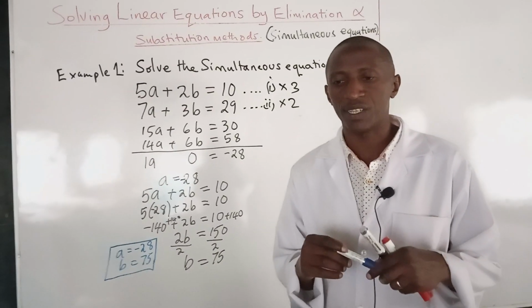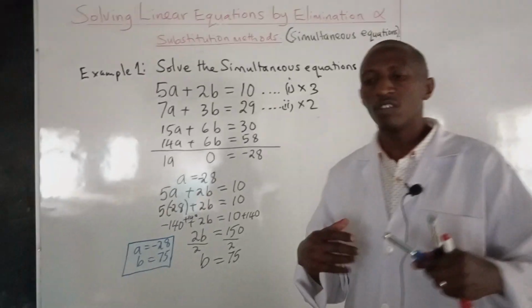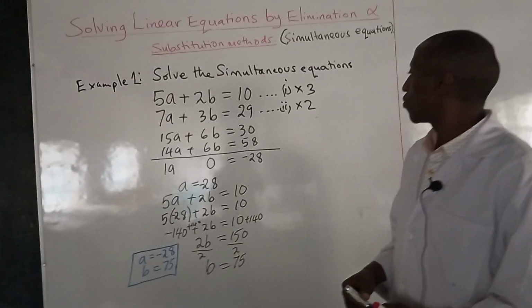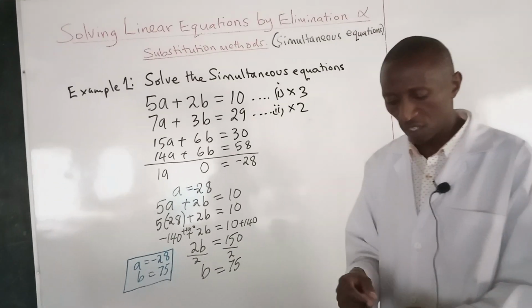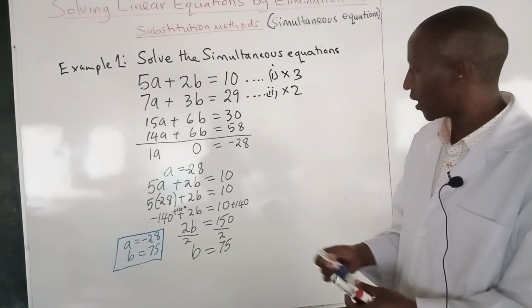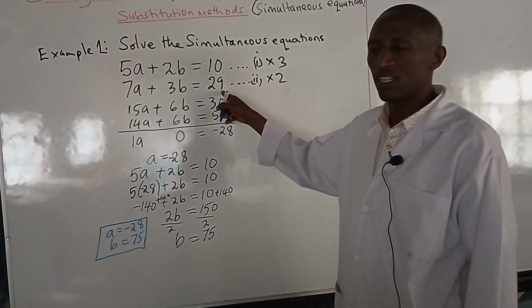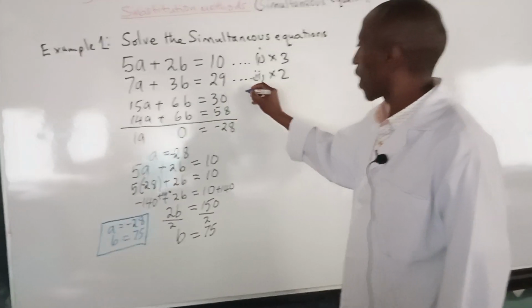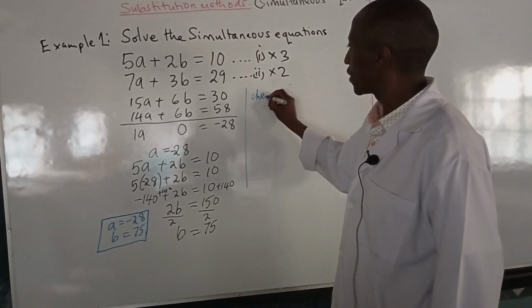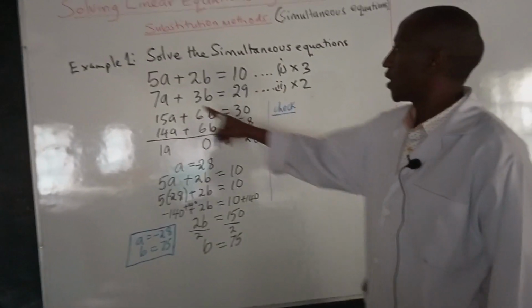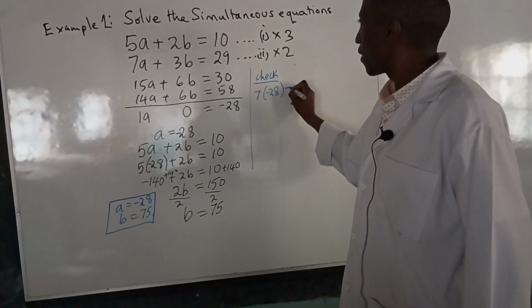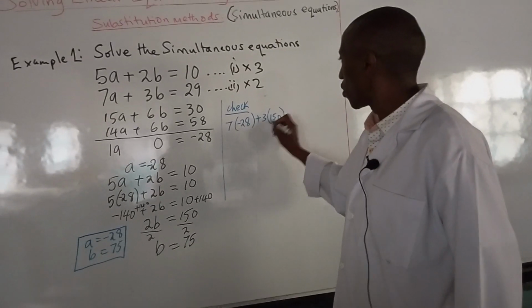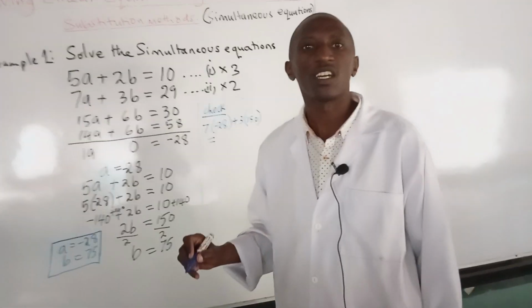It is also very important that before you leave this question, you should be able to check and verify that you've got it right. So we are going to check our answer by using the second equation, whereby we check, are we right? 7, you multiply by negative 28, and then add 3 into 75. What is the expected result?